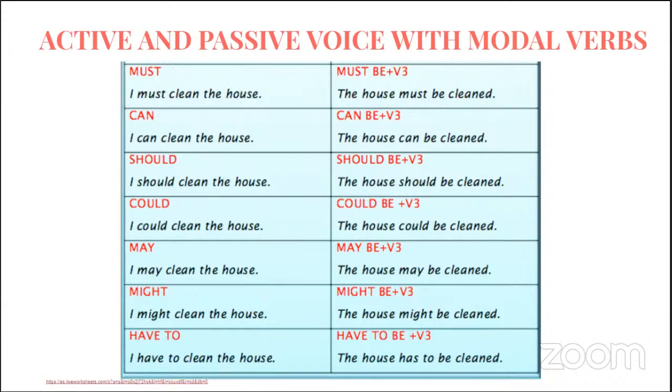I can clean the house. The house can be cleaned. Should. I should clean the house. The house should be cleaned. Could. I could clean the house. The house could be cleaned.